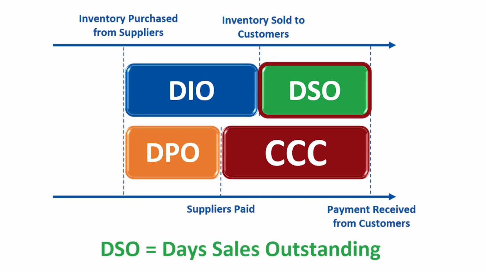Days Sales Outstanding, DSO, is a measure of how quickly a business is paid by its customers. If all customers paid immediately, known as a cash sale, just like you or I do when buying something from a shop, then the DSO would be 0.